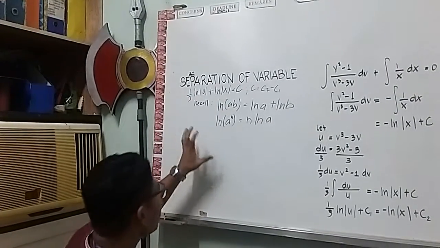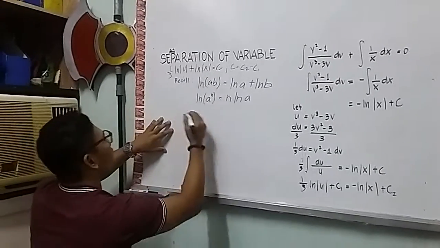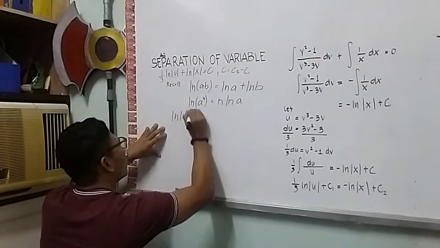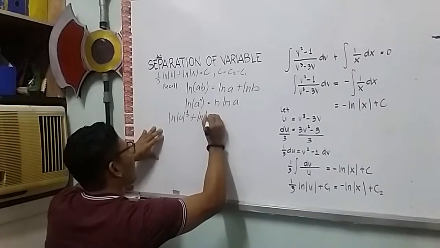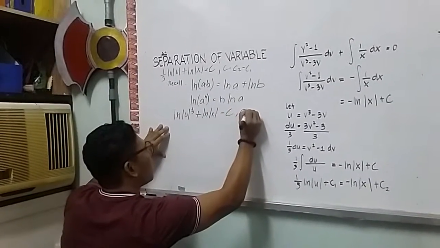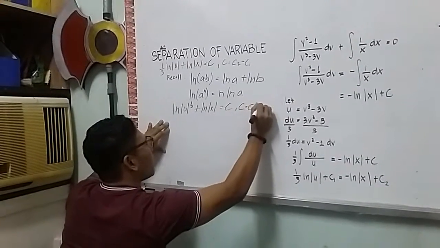So from these properties of the natural logarithmic function, we will come up with the equation 1/3 ln u plus ln x equals c, where c is equal to c1 minus c2.